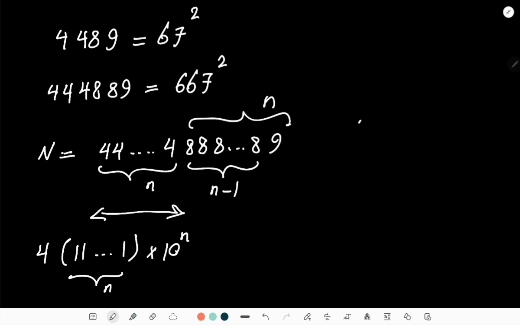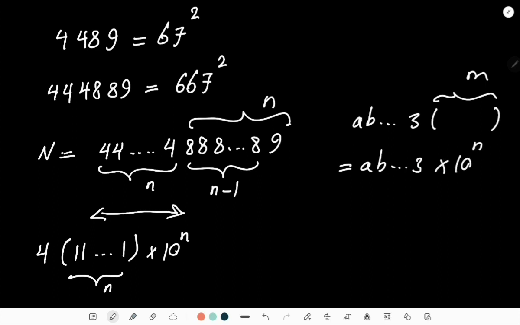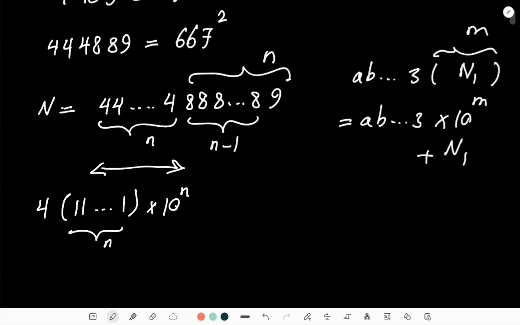Whenever we have a number such as a, b, some z, and then we have some other numbers which have been repeated m times, then we can write this as a, b, z times 10 to the power of m plus whatever number is here, for example, let's call that number n1, plus n1. So this is a very simple result from number theory.